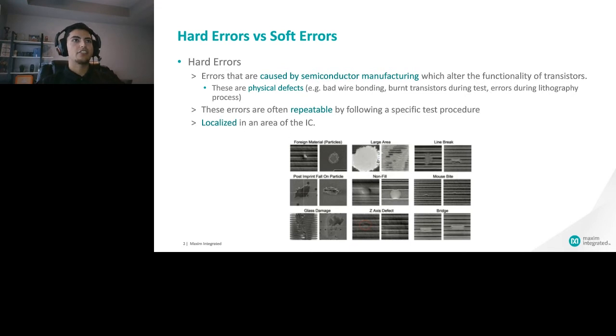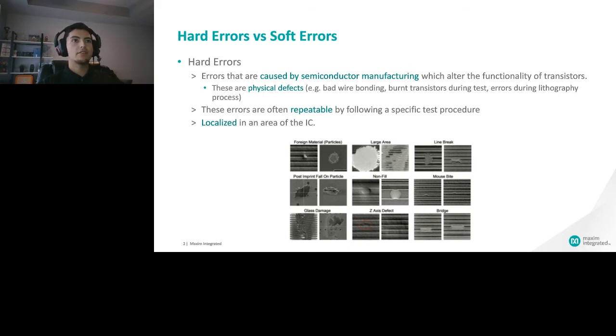These are essentially errors caused by bad semiconductor manufacturing, whether this is bad wire bonding during BGA packages or TQFN packages, maybe burnt transistors that happen while testing the parts, or potentially errors that happen during the lithography process, whether your mask was put in the wrong location, or maybe there's a particle within your mask that, whenever you expose the semiconductor, you get some issues there.